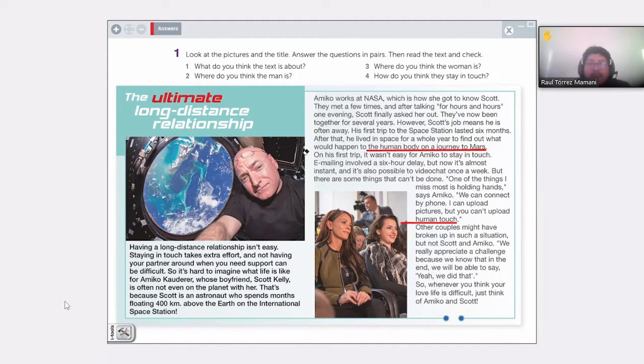But there are some things that can't be done. One of the things I miss most is holding hands, says Amico. We can connect by phone. I can upload pictures, but you can't upload human touch.